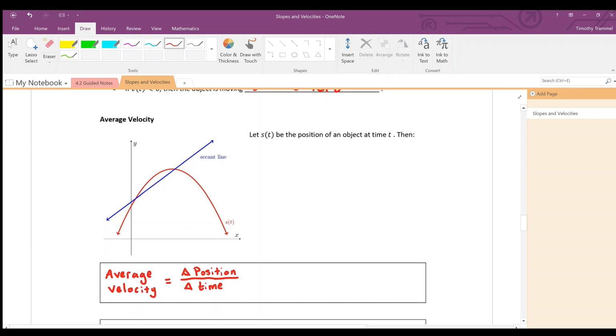Right? Isn't this how we usually describe speed, at least? You know, a change in position over a change in time. So that's all average velocity is.